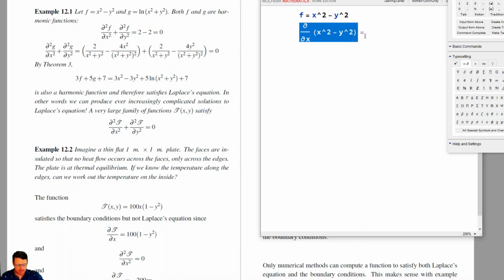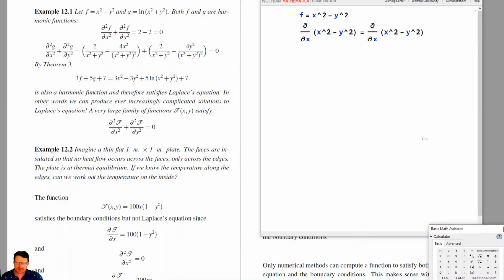So when we apply that partial differential operator, we have the partial derivative of x squared with respect to x, and then subtract the partial derivative of y squared with respect to x, but this partial derivative here is 0 because we're treating y as a constant. However, this is the same x as we have down here, so this is the derivative of x squared with respect to x, and so we have 2x for the partial derivative of f with respect to x.